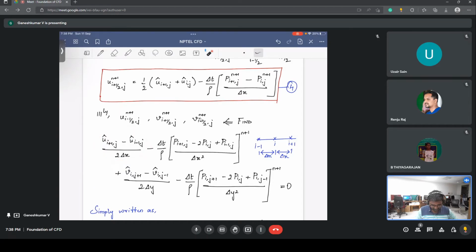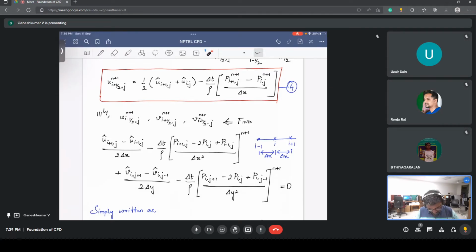I'm just simply writing it. So do you guys agree with this? Yes, sir. So this is actually central differencing for the predicted velocity. You see, we have a cap. Similarly, we have central differencing for the predicted velocity in the y direction.